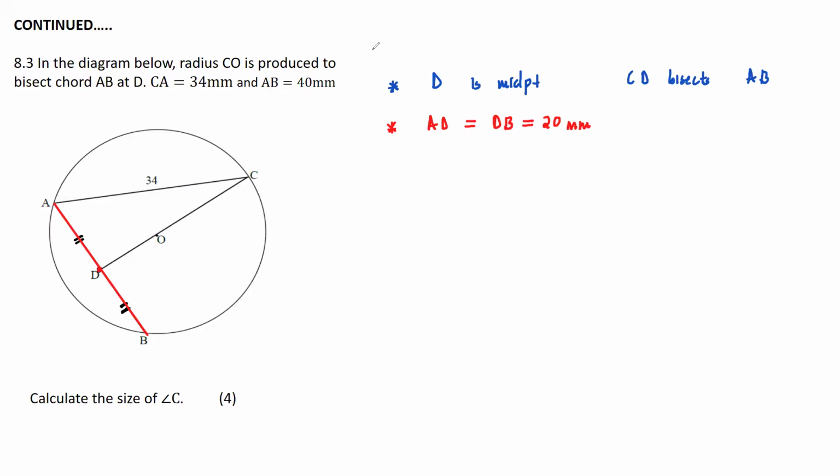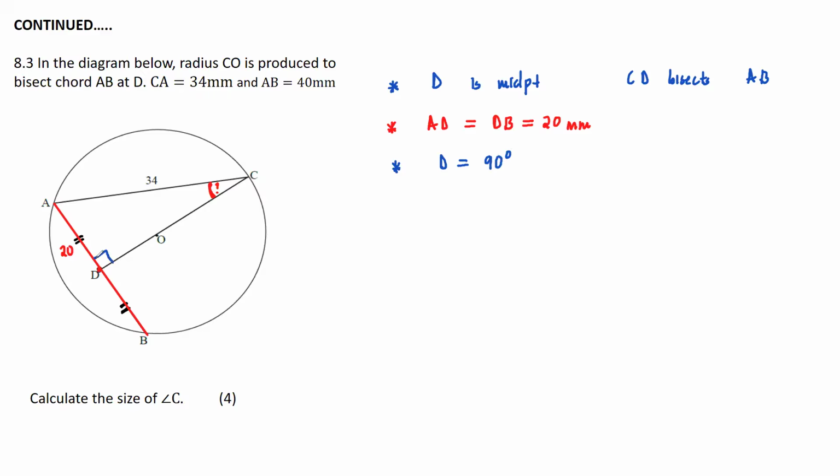The question then says, please calculate the size of C. So this angle C, I don't know it at all. Perfect. There's something else that I can learn from here. Theorem number 1 in grade 11 says that a line drawn from the center of the circle to the midpoint of the chord is perpendicular to the chord.